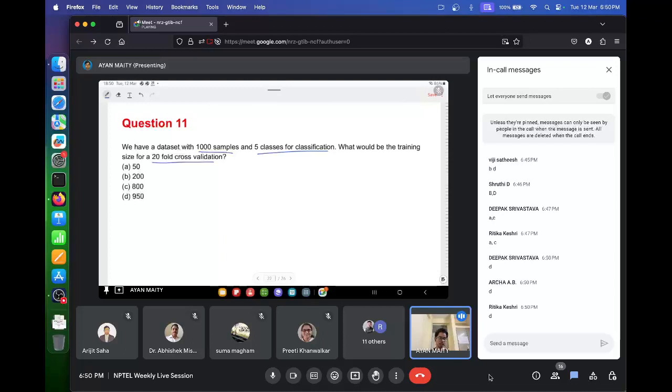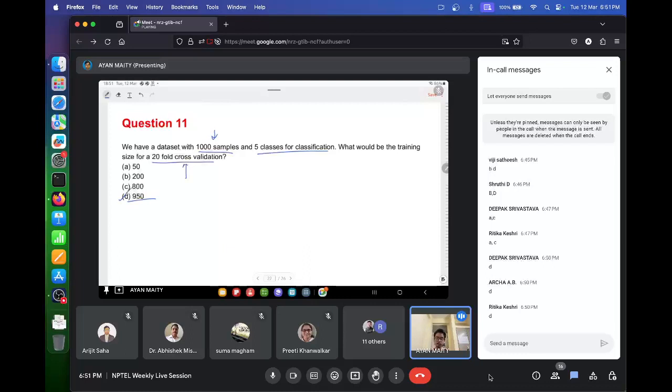Deepak Srivastav says D, Archa says D, Ritika Keshri says D. So correct answer is option D. So 20-fold cross validation is used on 1000 samples.